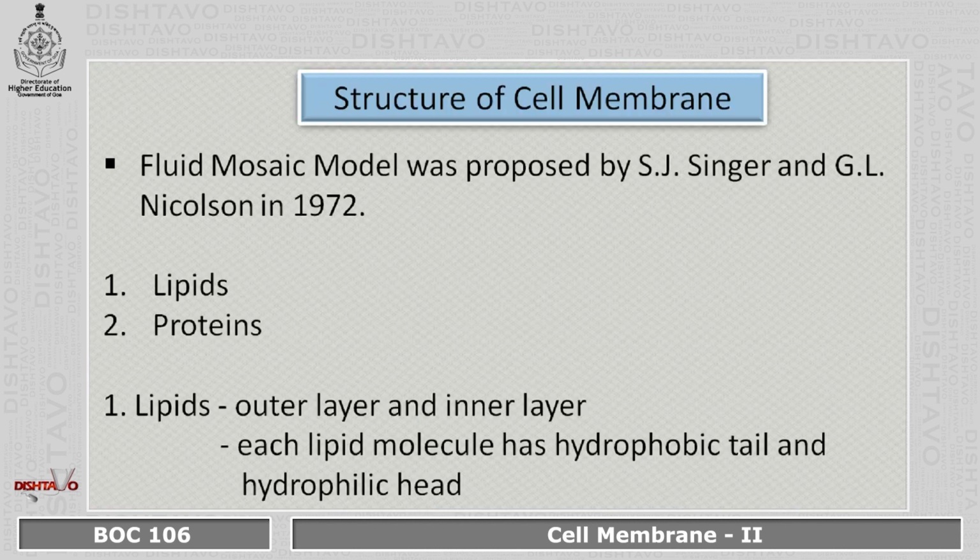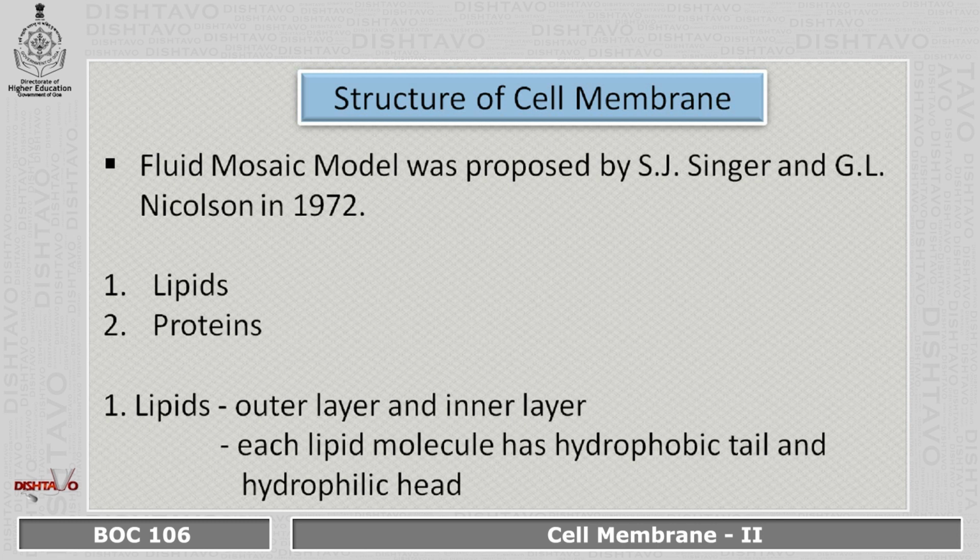Now, coming to the structure of the cell membrane. The plasma membrane is formed of glycoproteins and phospholipids. These molecules are arranged in a definite pattern. The fluid mosaic model was proposed by S.J. Singer and G.L. Nicholson in the year 1972.